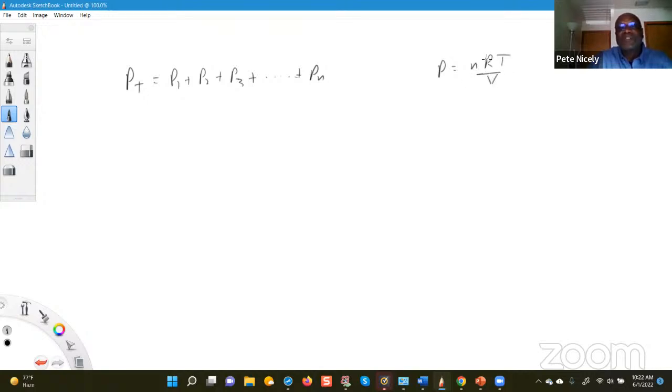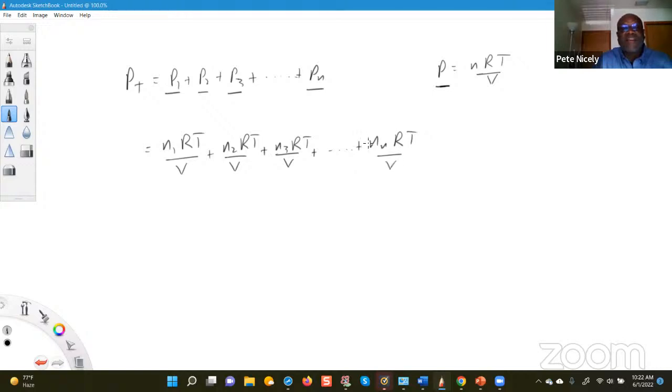So if I were to substitute for each of these terms here, then this is what I'm going to end up with. n1RT over V plus n2RT over V plus n3RT over V plus all the way to nnRT over V, all right? So that would be the result of adding all these terms. You're going to end up with this expression right here.